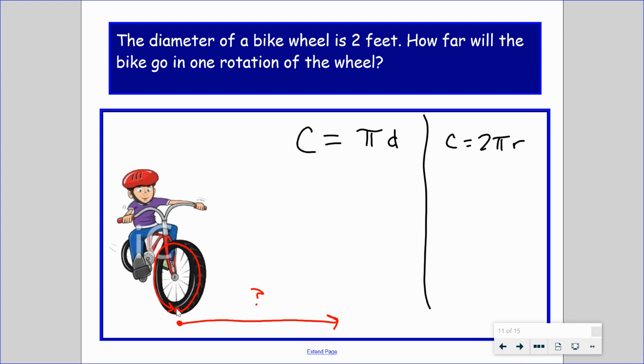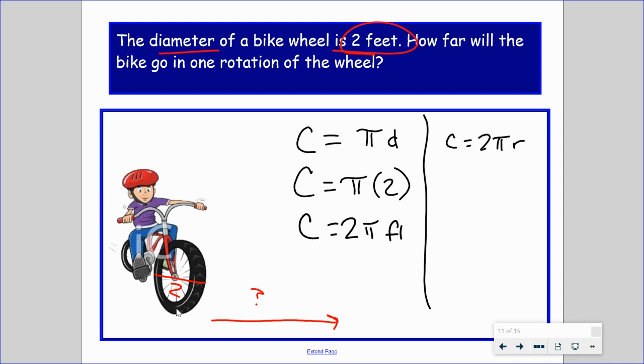What I notice is the diameter is given to us, and you could even include that in your drawing if you wanted. Okay, so I'm going to use the first formula, substituting 2 feet for the diameter. I'm going to rewrite it with 2 in front of the pi.